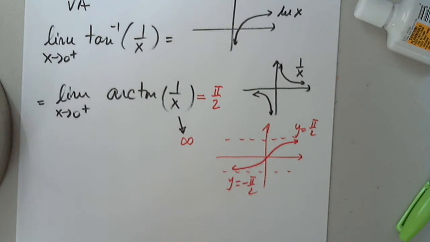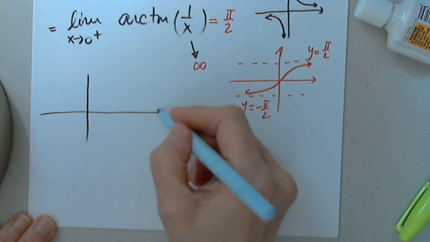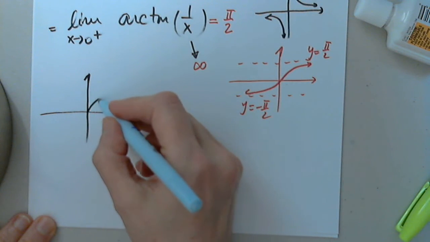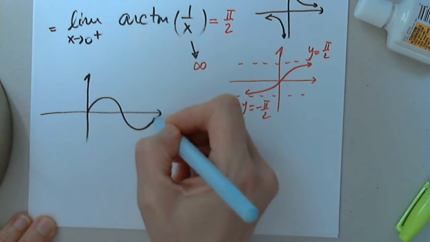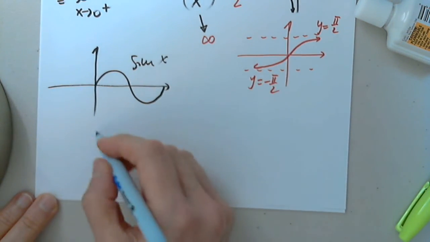Good. I have a question. Yes, please. Do we need to know any other trigonometric graphs? Yes, I expect you to remember sine and cosine. Right, this is sine x.